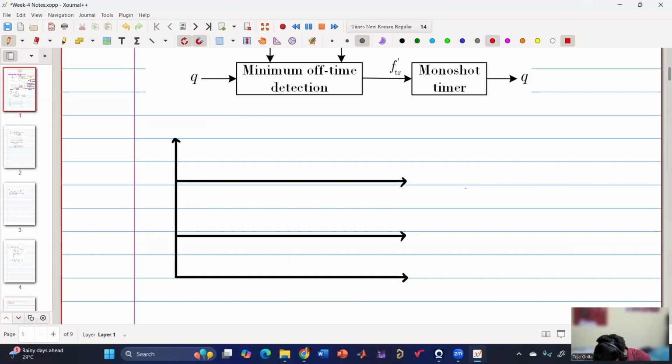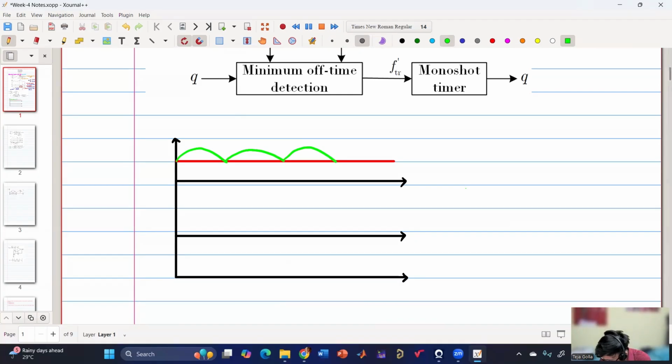I'm considering this as V reference, and say my V naught is something like this. Once it is crossing, then again it is going something like this.